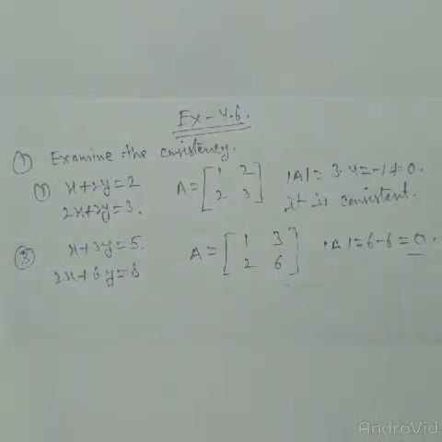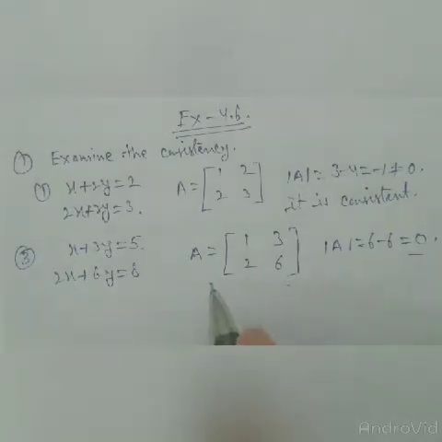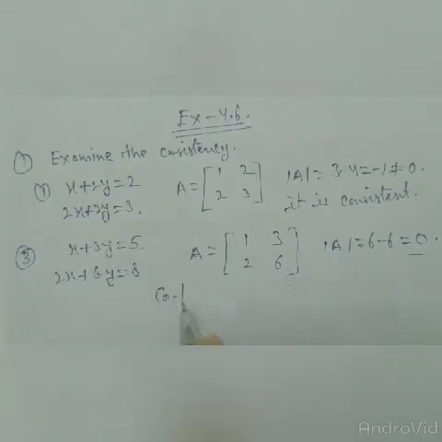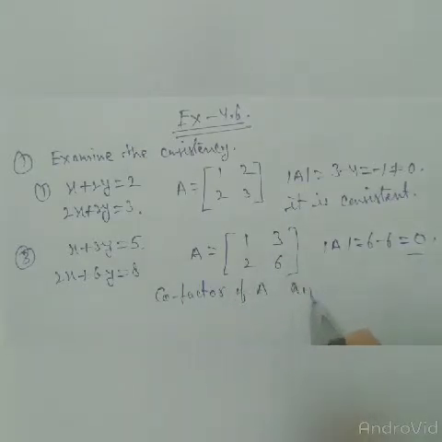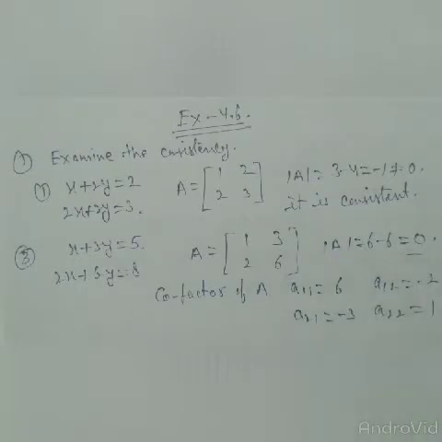It means it is either consistent or inconsistent. So for that we have to find the adjoint of A. For the adjoint of A, first of all we find the cofactors of A. Then A11 is 6, A12 is minus 2, A21 is minus 3, A22 is 1.